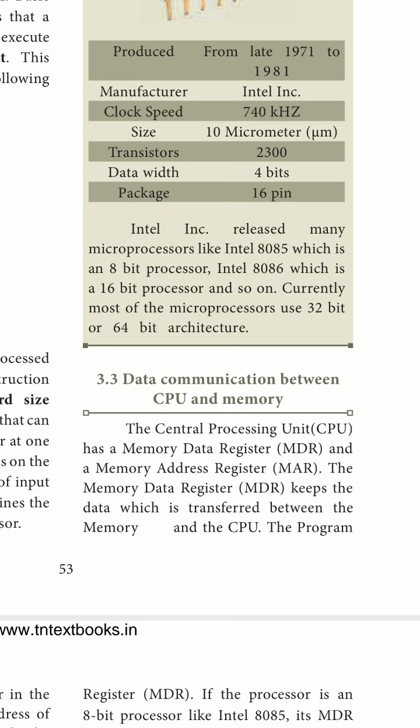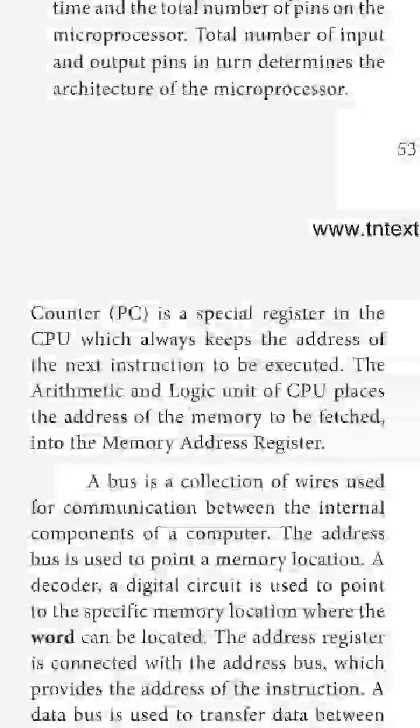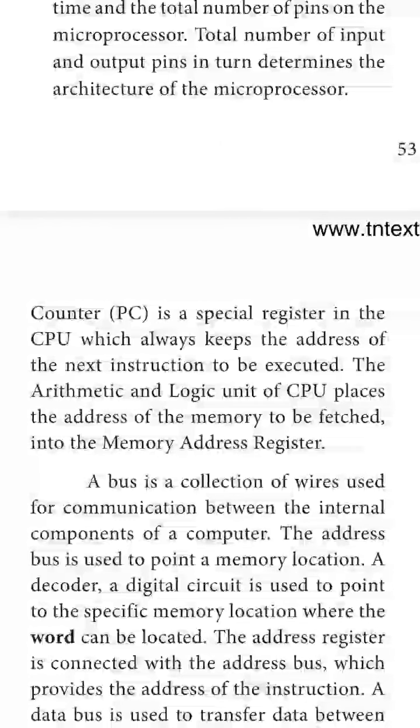The program counter, or PC, is a special purpose register in the CPU which always keeps the address of the next instruction to be executed. This is important to mark. What is the program counter? The program counter is a special register that consists of the address of the next instruction to be executed in memory.